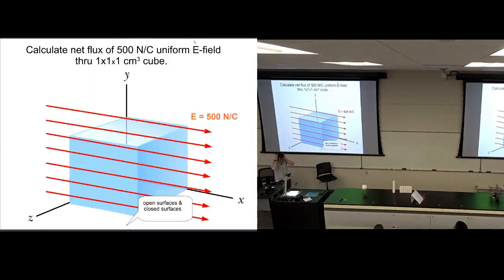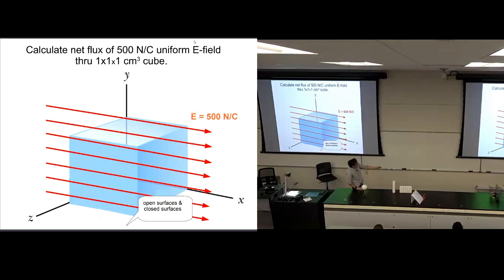Well, in this sketch here, what we're going to do is calculate numerically the flux through a closed surface. In the sketch, we're imagining an electrical field. That in red are field lines.